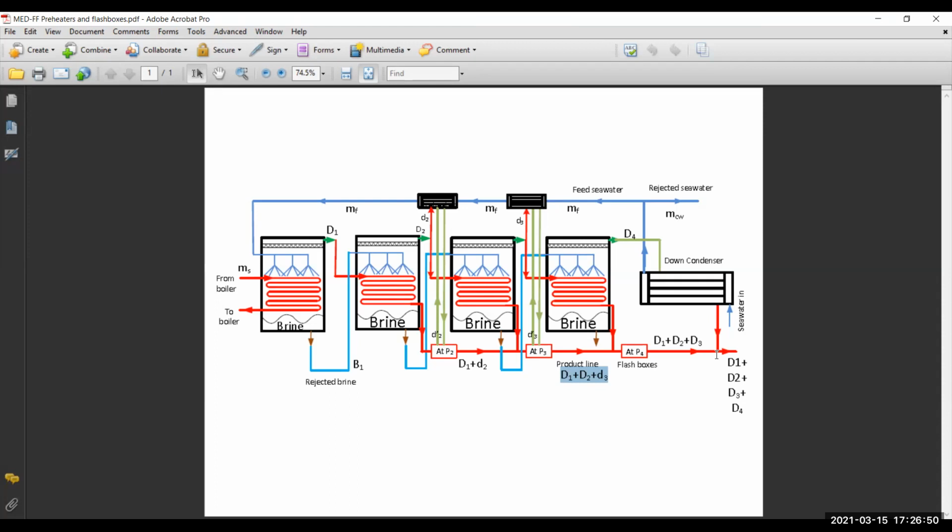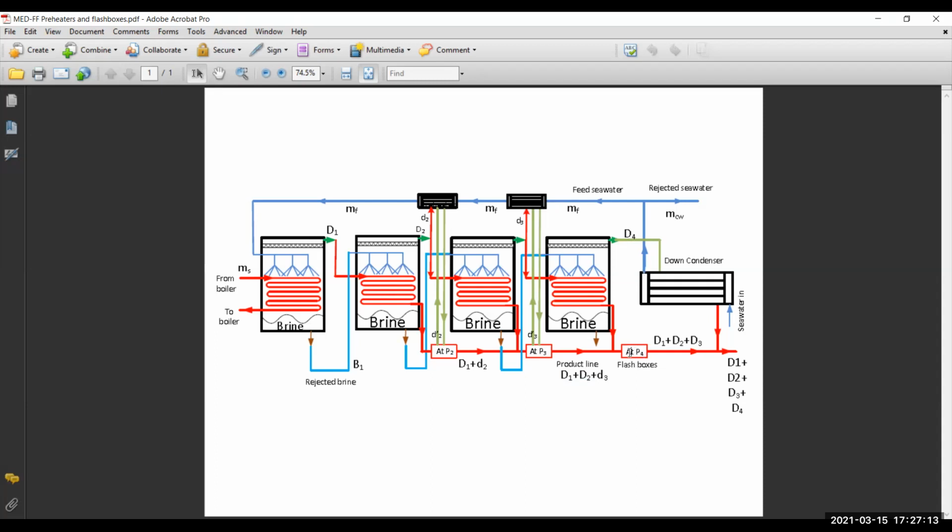What is happening in flash box number 4? Actually, yeah, that's a good point. This is something that could be missing: from flash box number 4, we should have D-4 go up and then go down, but there's no flash box, there's no preheater associated with it.